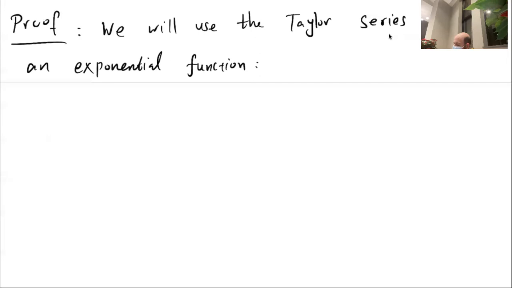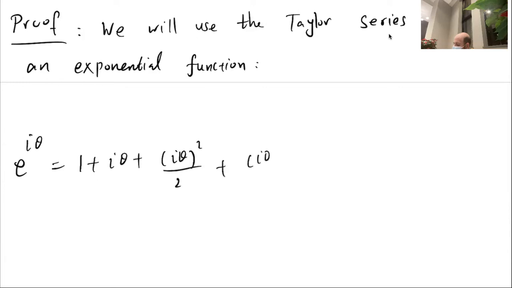So we know that e to power i theta can be written as 1 plus i theta plus i theta the whole squared over 2 factorial, i theta the whole cube over 3 factorial, i theta to power 4 over 4 factorial, plus so on.